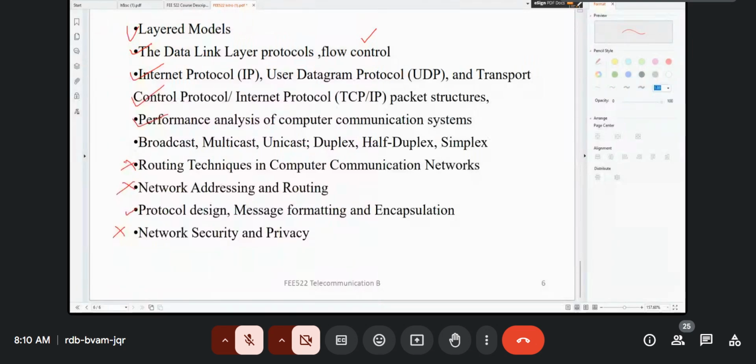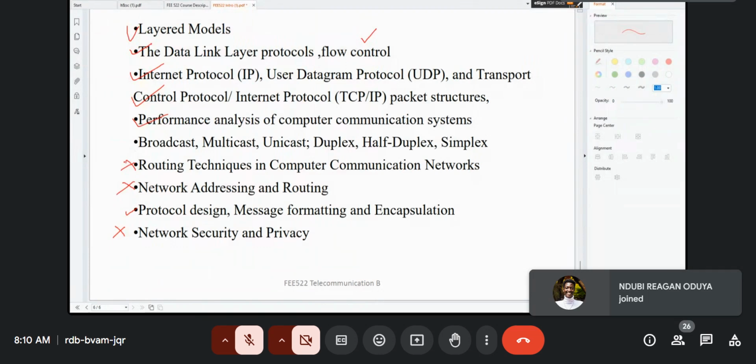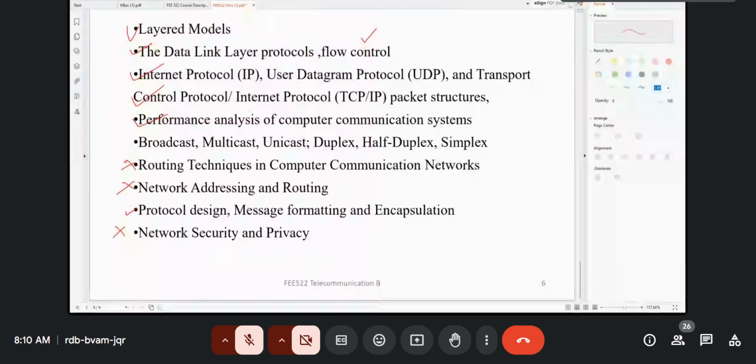We are going to look at data link layer protocols, flow control.